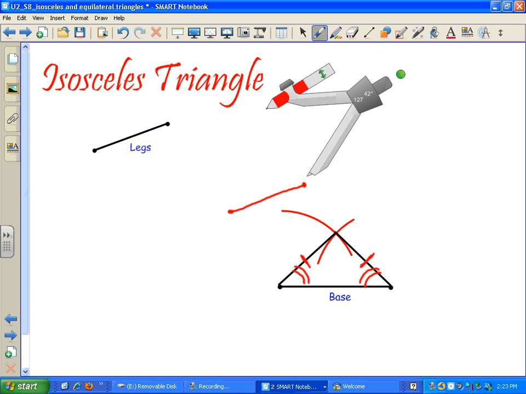So for an isosceles triangle, we have two congruent sides, but we also know that base angles are congruent in an isosceles triangle. So there we go. We've just constructed an equilateral triangle and an isosceles triangle. Good work.